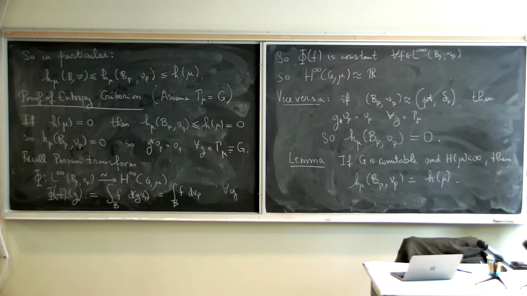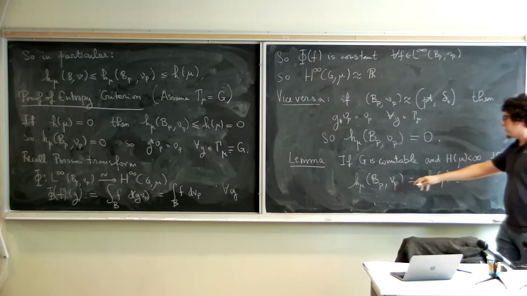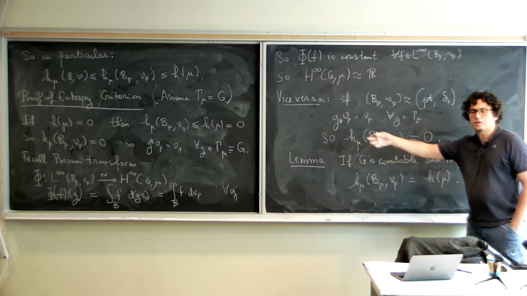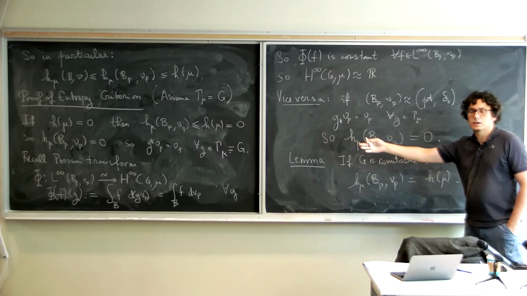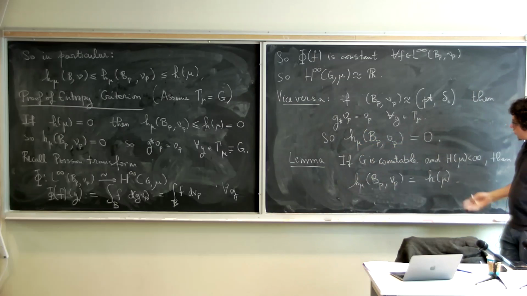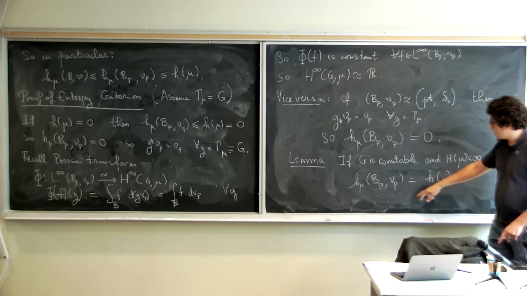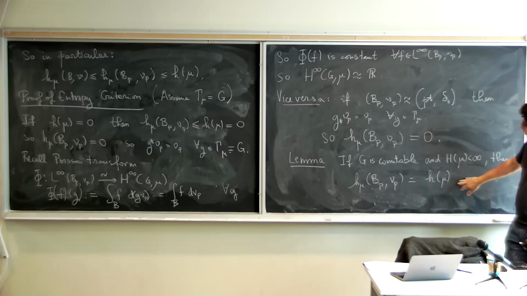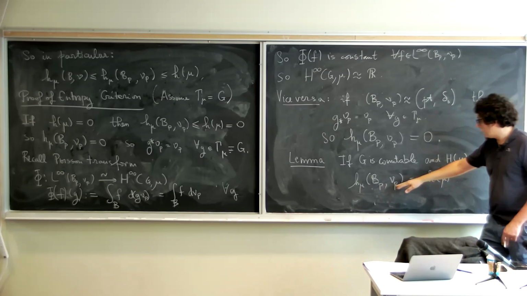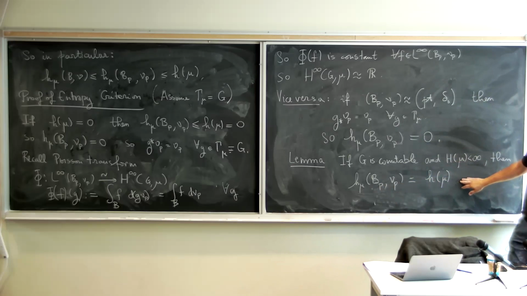To do this, you basically have to look at B_P. Again, B_P is a quotient of the space of infinite sequences. So you can look at the action of G on the space of infinite sequences, and you do that computation, and eventually you get that this is the original definition of the entropy.